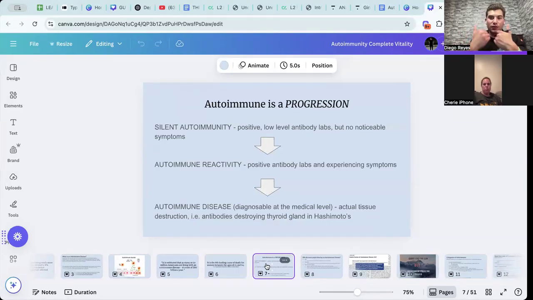There's been an environmental thing, whether it be the SAD diet, toxins in your environment, toxins in what you're eating. Maybe it's trauma. Maybe it's high stress, not enough sleep, even low vitamin D. All these things are the negative impacts that are causing you to be dealing with this.